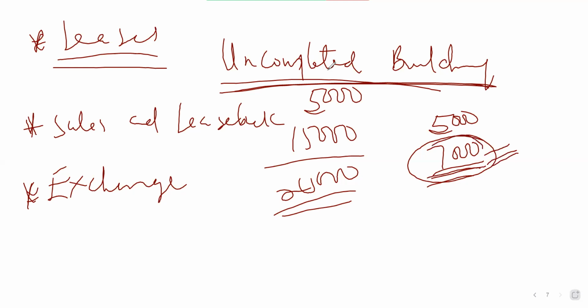But if you can determine this, you are going to have either a gain or a loss. Are you okay? So that is all about the initial recognition of the asset. The cost that you are going to include in the cost of the asset depends on the form in which the asset is coming in.